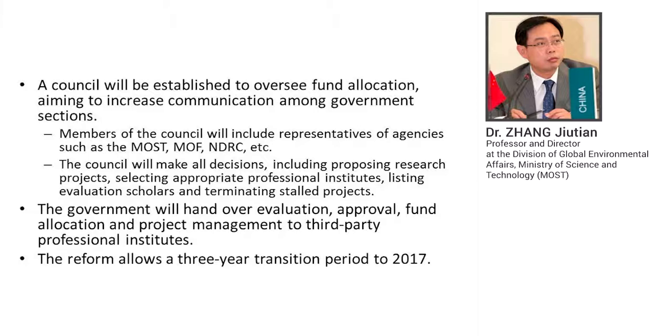With this arrangement, the government agency will hand over the evaluation, approval, fund allocation, and project management to the third-party professional institutes. And the reform is ongoing, and we will have a 3-year transition period. It is determined to realize this reform in 2017.